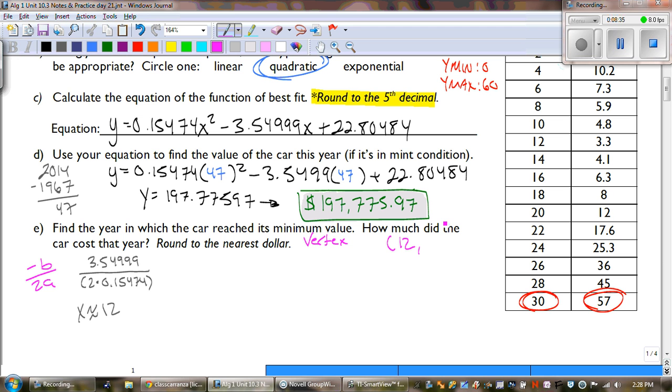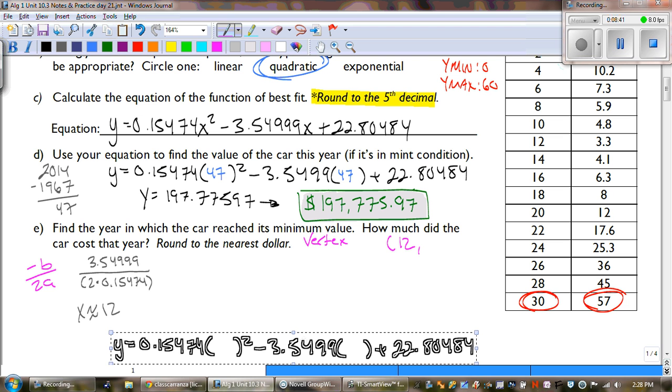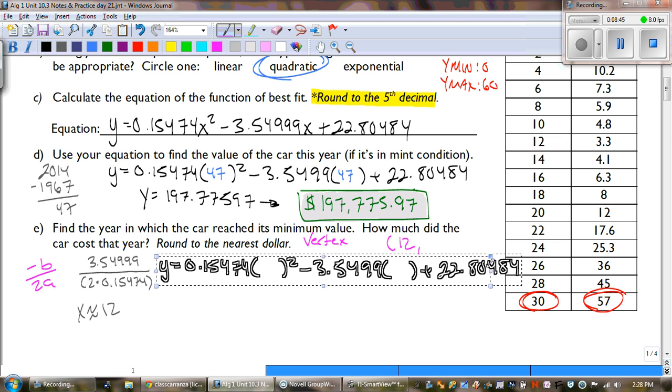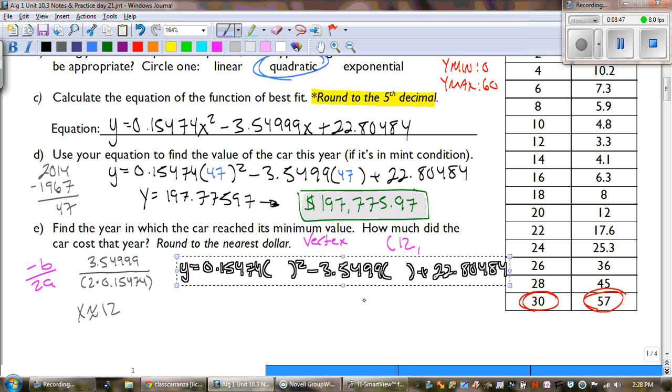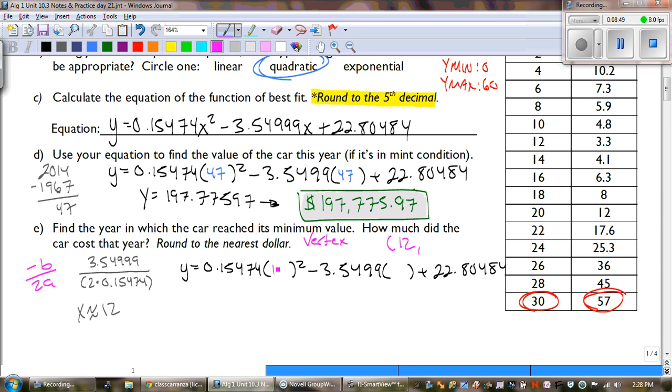But now we want to know, what's it equal? Okay, so to find that out, we have to go back into our equation right here. And now we're plugging in 12. So go ahead, plug in 12. Tell me what you get.